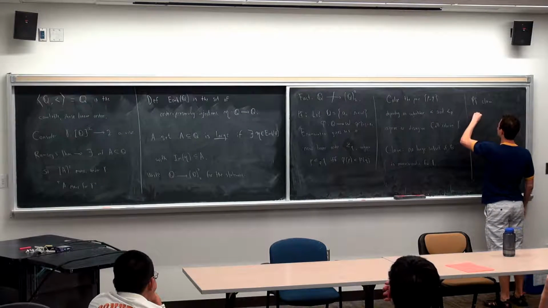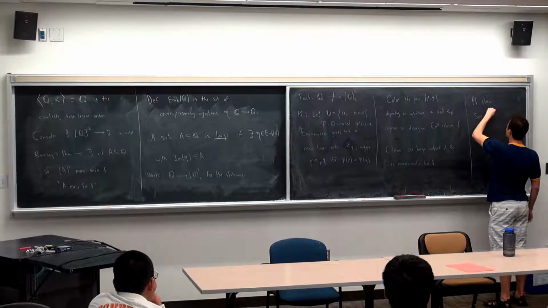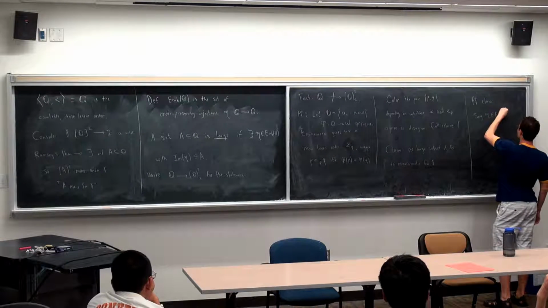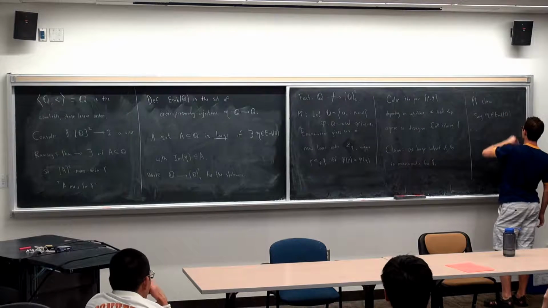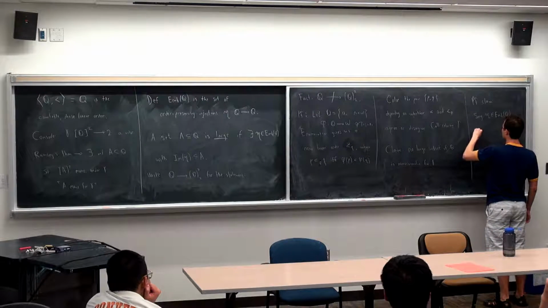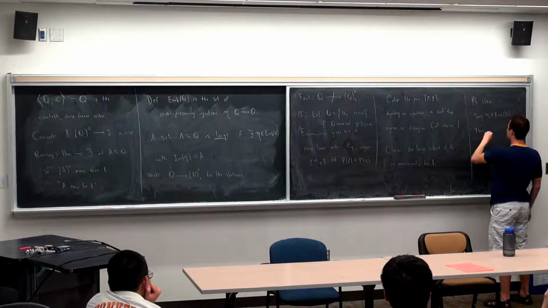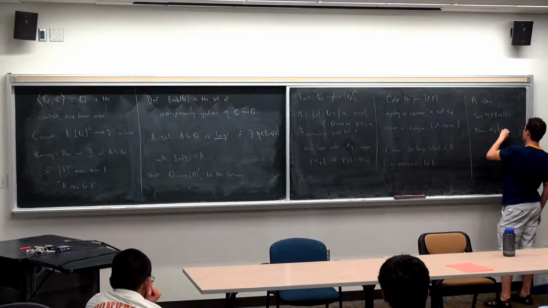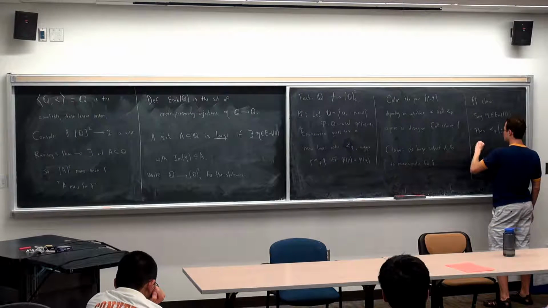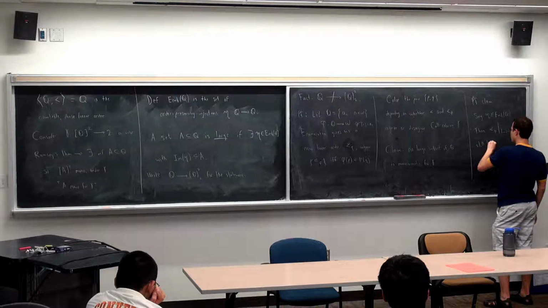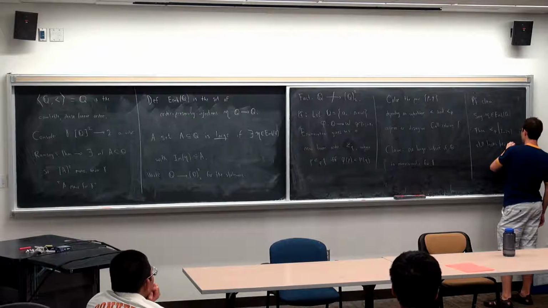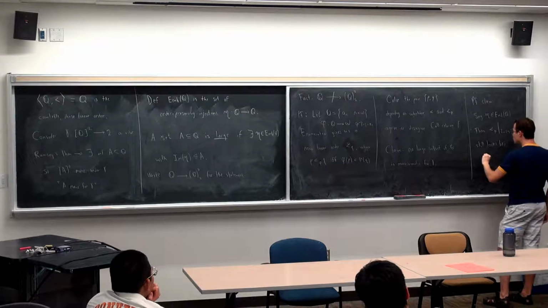So let's say that eta is an embedding. Then the order phi restricted to the image of eta still looks like an enumeration.